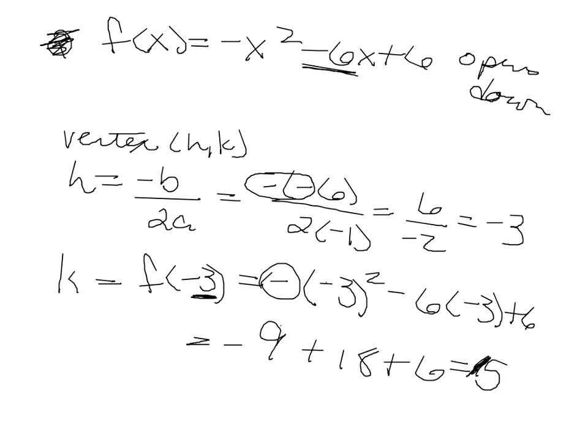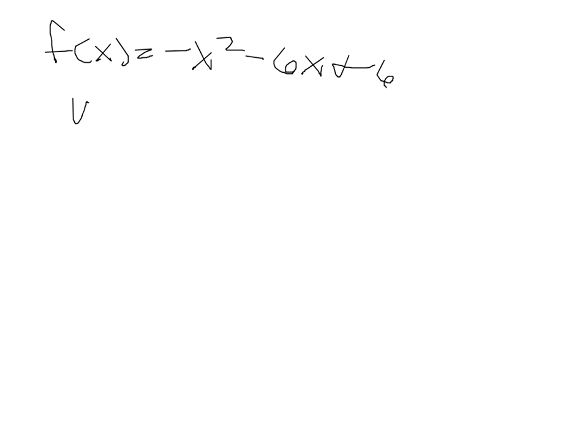Just type it in the calculator correctly. And I get k equals 15. So my vertex is minus 3, 15. So f of x equals minus x squared minus 6x plus 6 with a vertex of minus 3, 15.